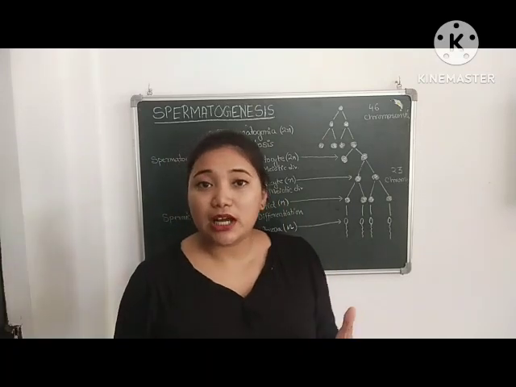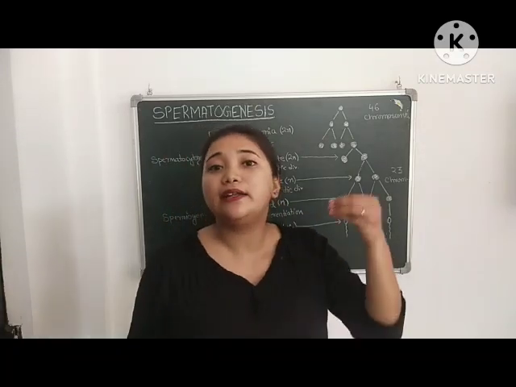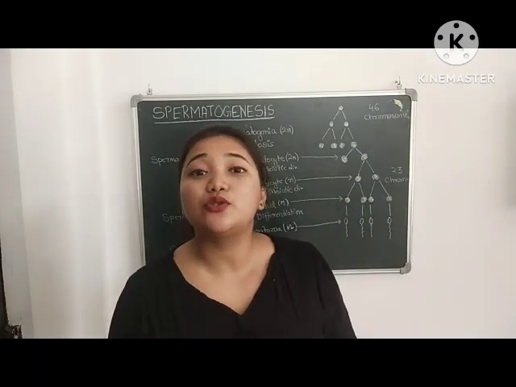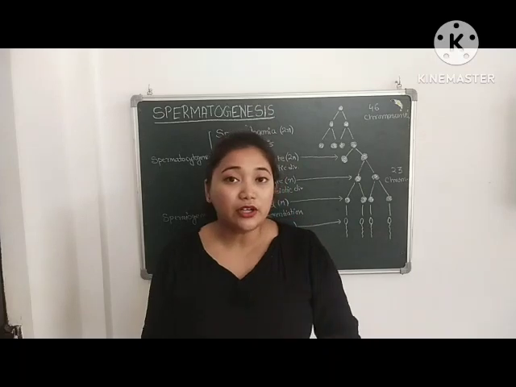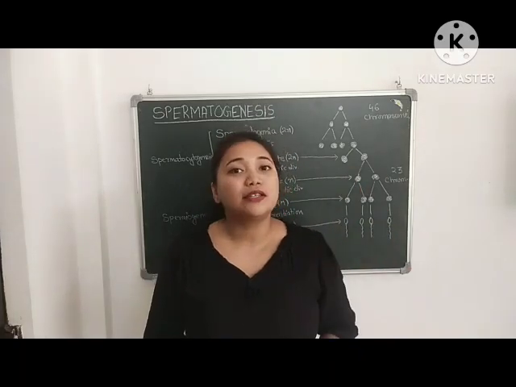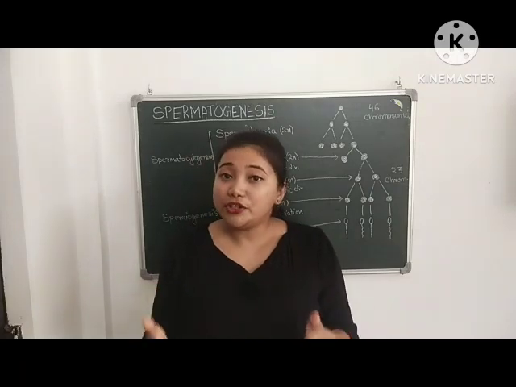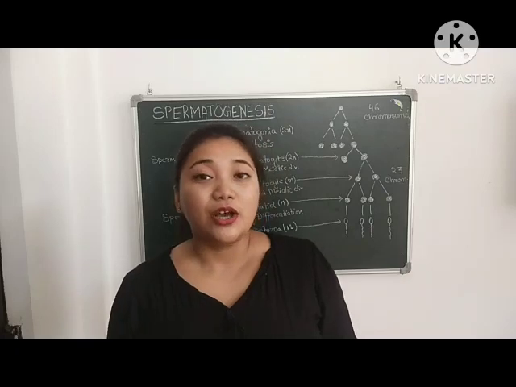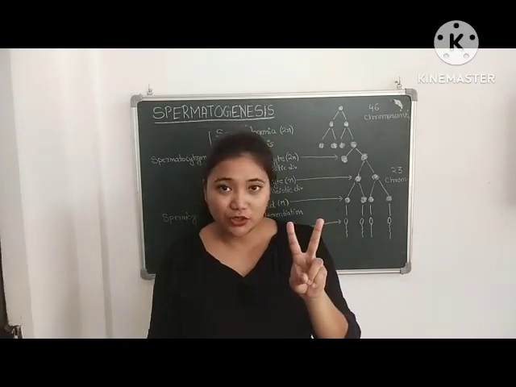So if the question comes that suppose we have n number of primary spermatocytes, then how many spermatozoa are produced? You will simply multiply n by 4 and your answer will be there. Similarly, if the question comes for secondary spermatocytes, you will simply multiply it by 2. Understood?